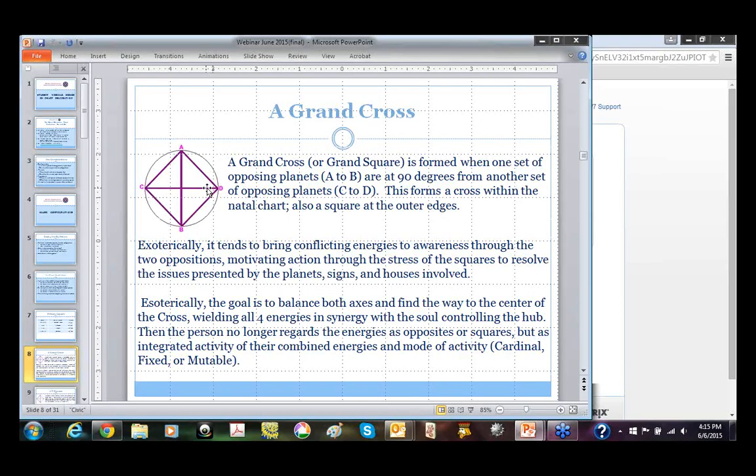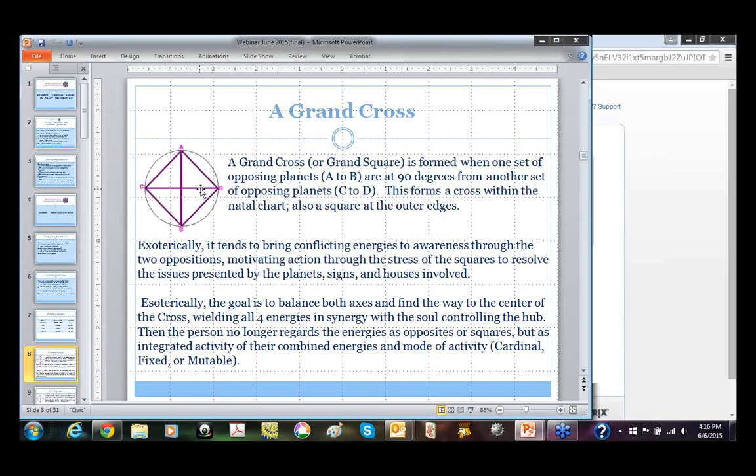Okay? Esoterically, the goal is to balance both axes. Again, find the balance between the two axes here, and find your way to the center of the cross so you can wield all four energies in synergy with the soul controlling the hub.